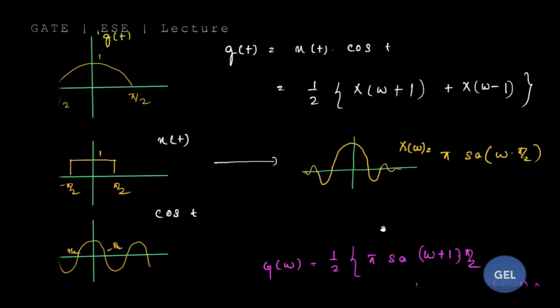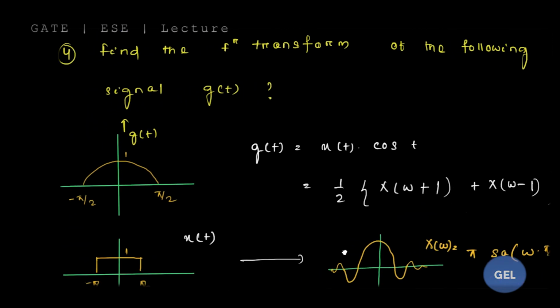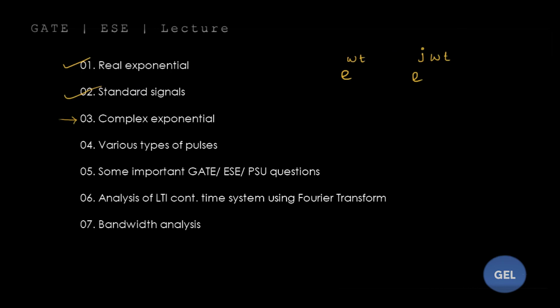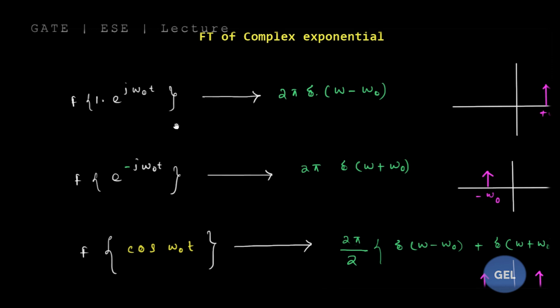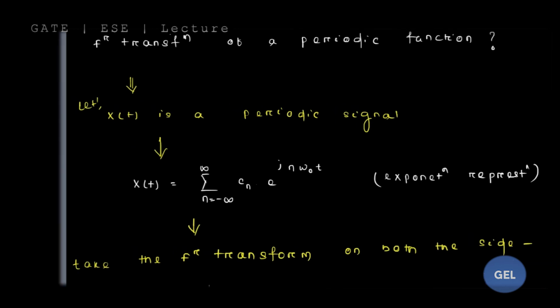Thank you so much for watching this video lecture. Please go through all these examples and all these concepts. In the next video lecture we'll get into the Fourier transform of different pulses. Here, what are the very important things that we have studied? We have studied the Fourier transform of a complex exponential signal. Then we went into the Fourier transform of periodic signals.